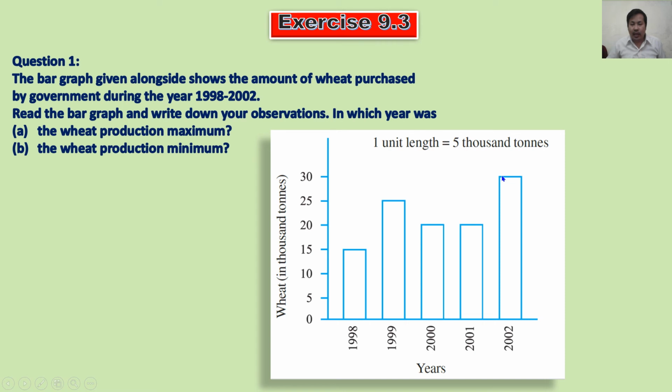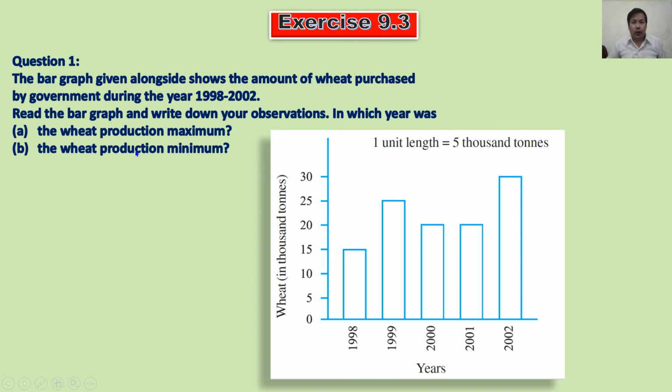The bar which has the highest length, the tallest one, shows the maximum value, which means it has the maximum production, in the year 2002. So the answer to A will be 2002, where the maximum production of wheat was made.